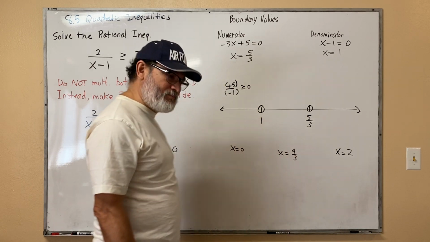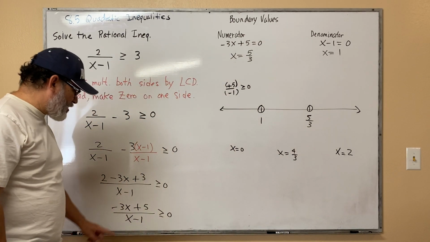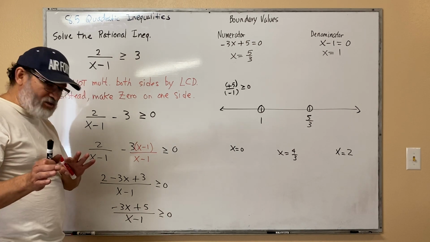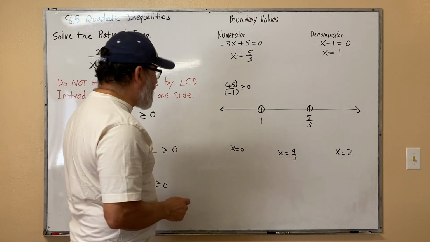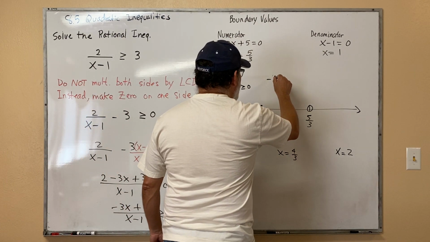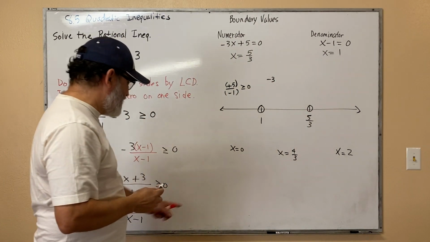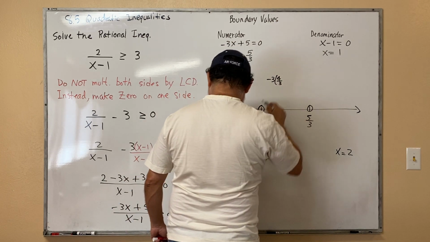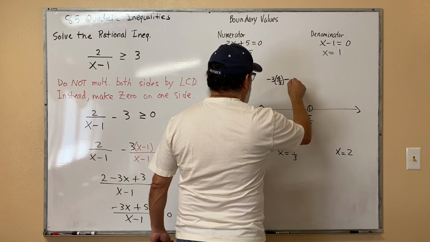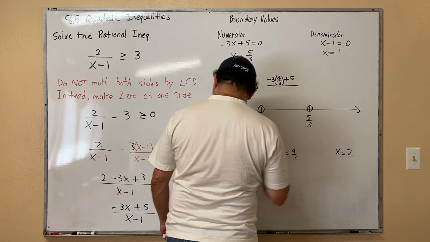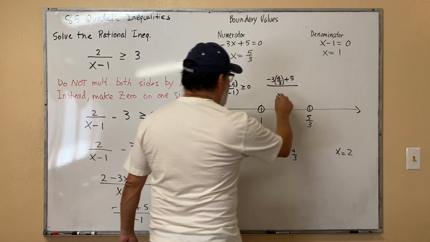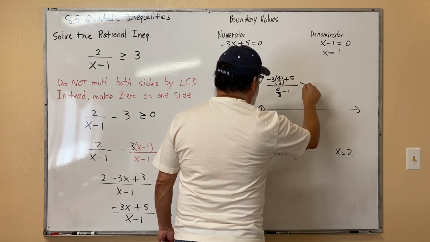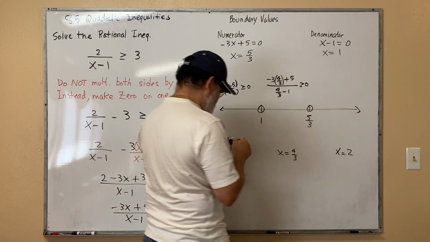Try this one. Plug it in there and there. Okay? So watch what happens. The top: negative 3, and I'm going to plug in 4/3, plus 5, divided by 4/3 minus 1, greater than or equal to 0.